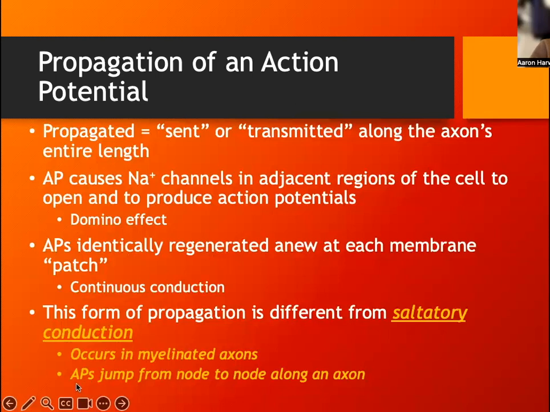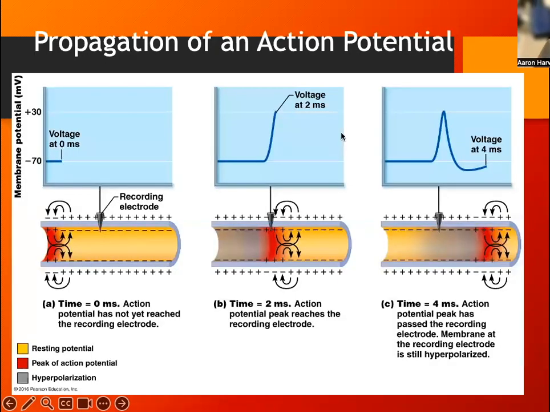When it is myelinated, the action potentials will jump from one node of Ranvier to another node of Ranvier along an axon, which is basically the space in between the myelin sheaths. So what we just mentioned is basically the first option. All this white text is within unmyelinated general options.